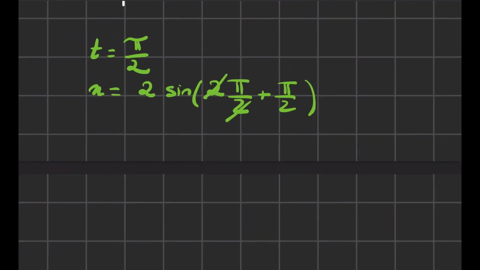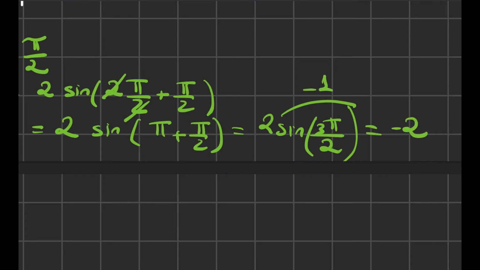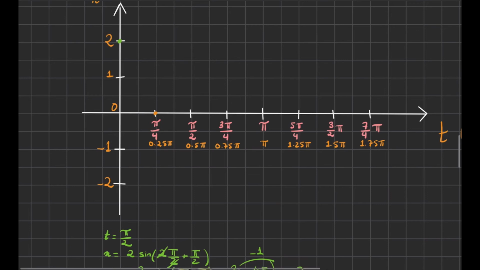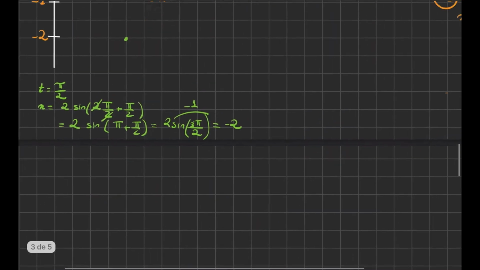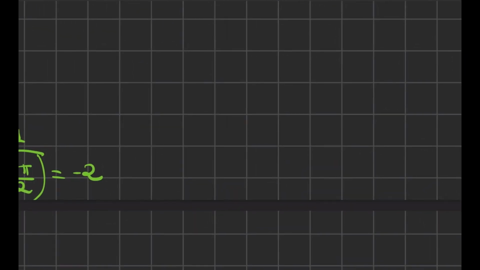You end up with 2 sine(pi plus pi over 2), that is simply 2 sine 3 pi over 2. Sine 3 pi over 2 equals minus 1, so 2 times minus 1 is minus 2. So the point at pi over 2 is minus 2. Now let's try 3 pi over 4.